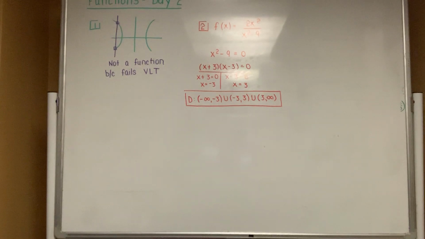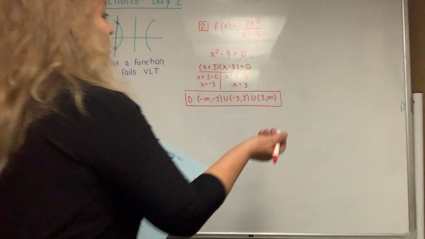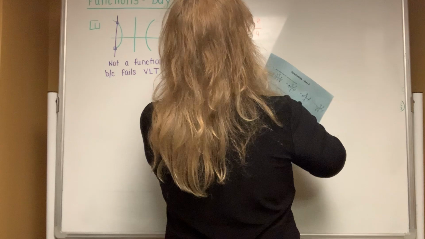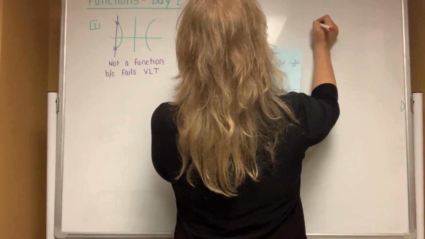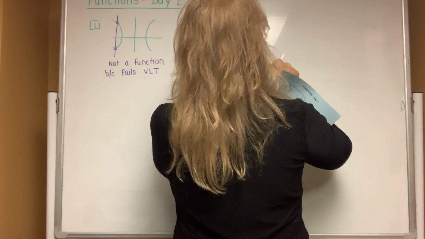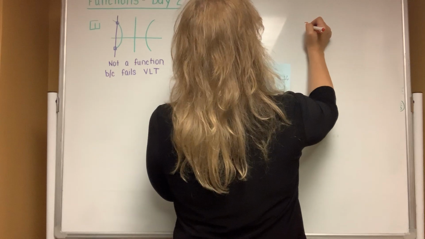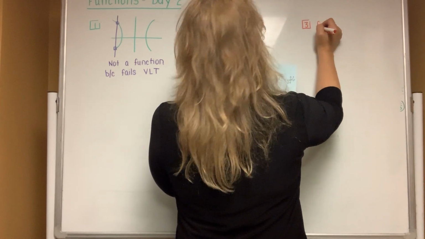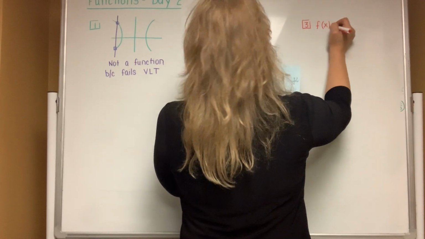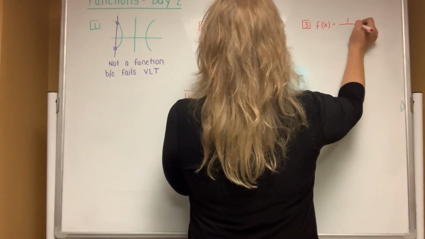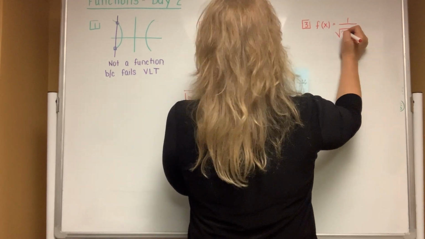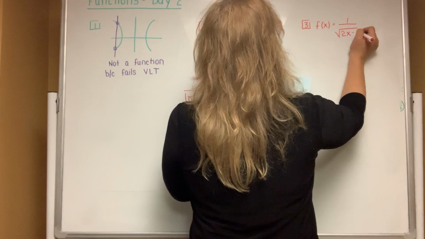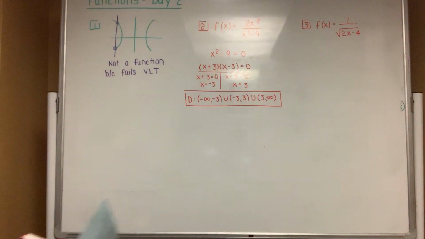Now, your next one, I give you a different type of question. Problem number 3 gives you the function f of x equals 1 over the square root of 2x minus 4. But the question is exactly the same: what is the domain?